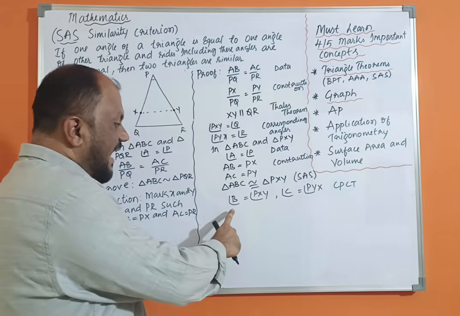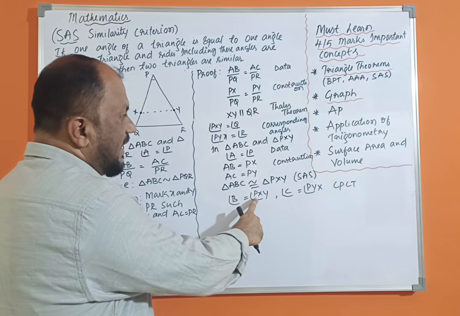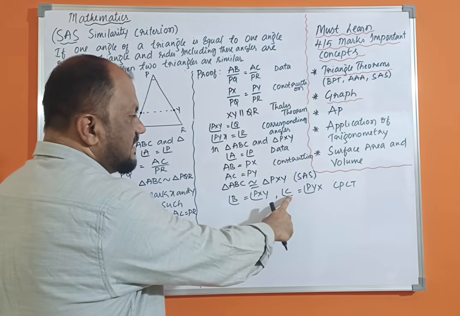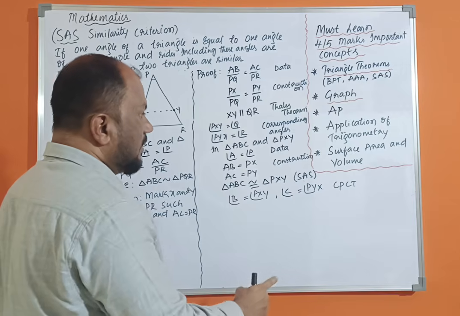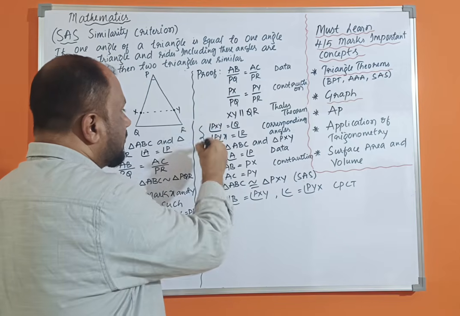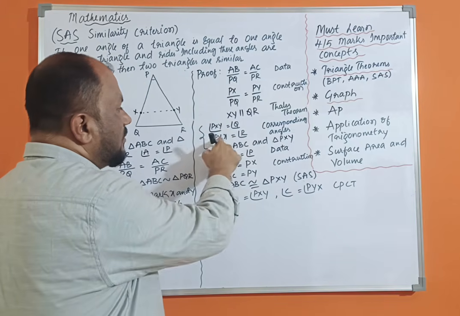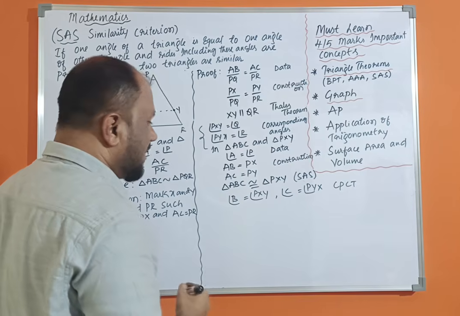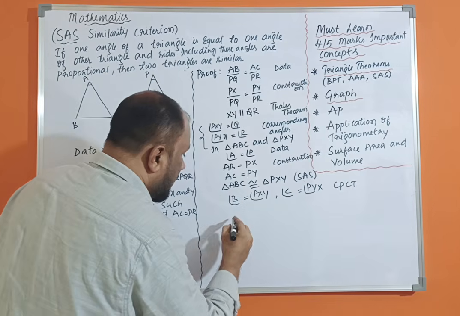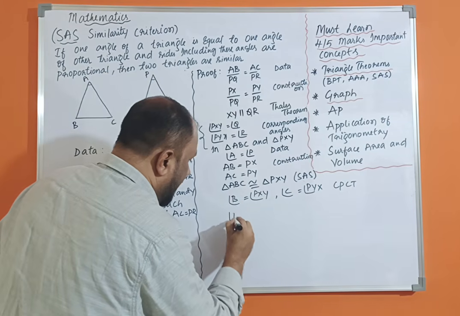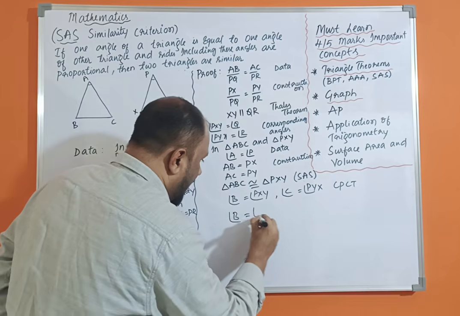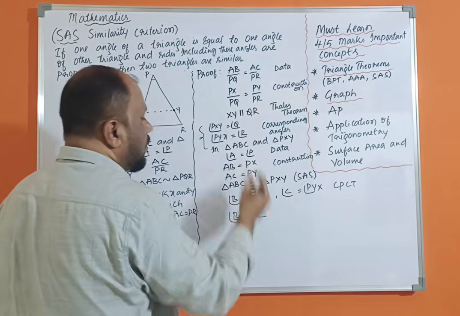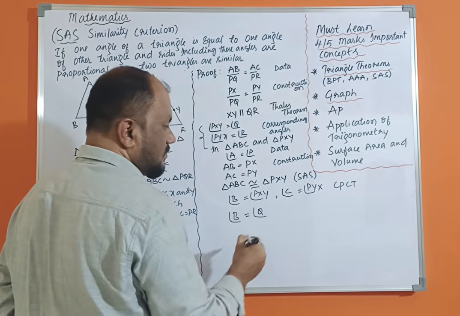So here we got angle B is equal to PXY and angle C is equal to PYX. But before we got this one, X is equal to Q and Y is equal to R. So that one we are replacing now. Angle B is equal to angle X is equal to what? Q. Okay.